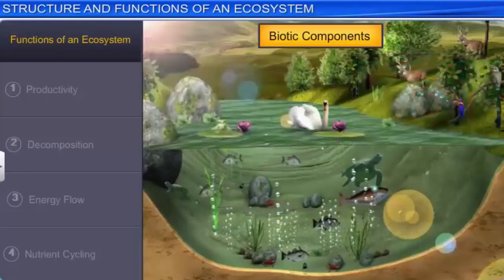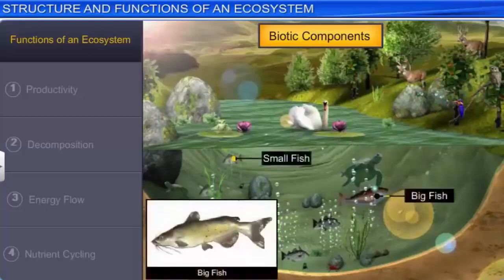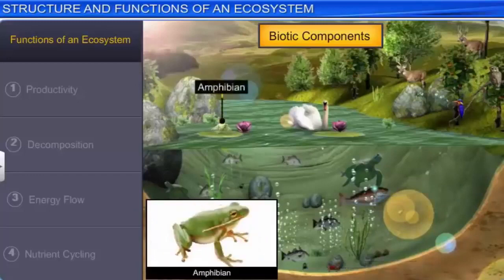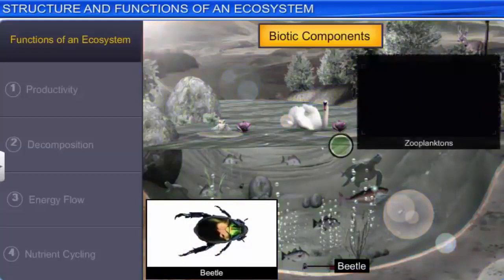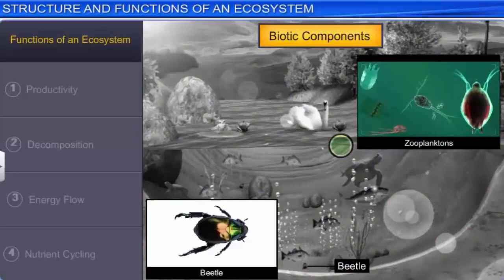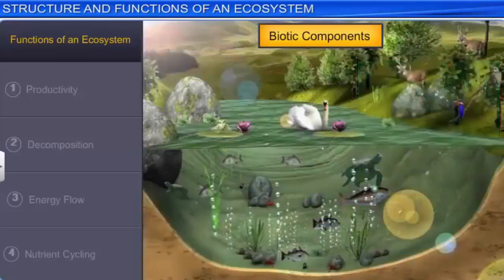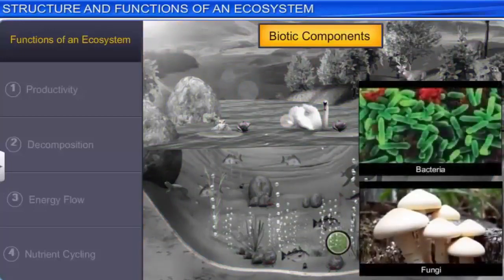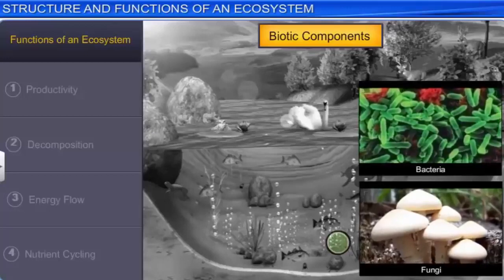The biotic components also include heterotrophic components like small and big fish, crustaceans, amphibians, beetles, and zooplanktons. Some of these heterotrophs are herbivorous, while others are carnivorous. The decomposers also fall under heterotrophic components and include several species of fungi and bacteria, usually found in abundance at the bottom of the pond.